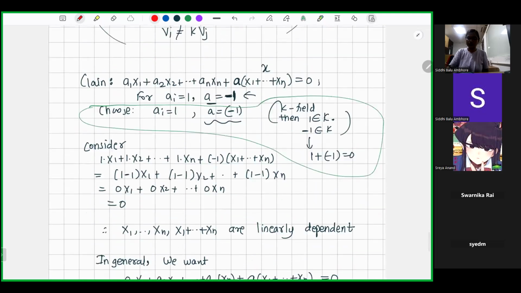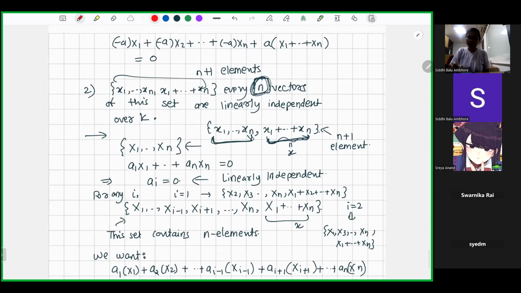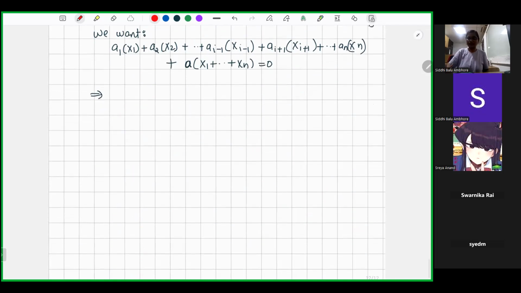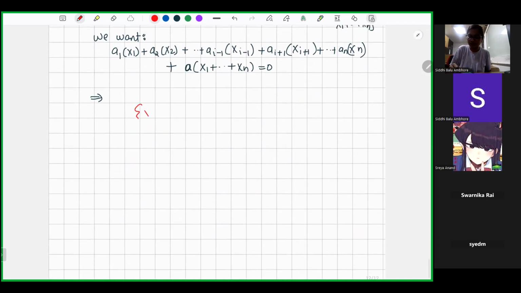So that's why, when I'm talking about this set of n plus 1 elements here, what are the possibilities? There are only n plus 1 such sets. The next set will be of n elements: x2 to xn, x1 plus xn.